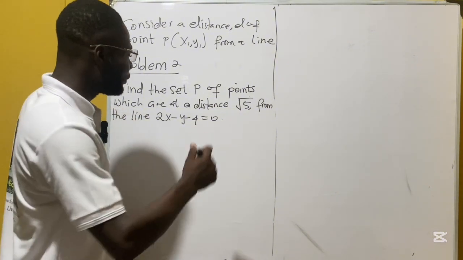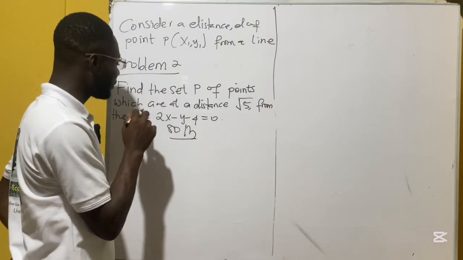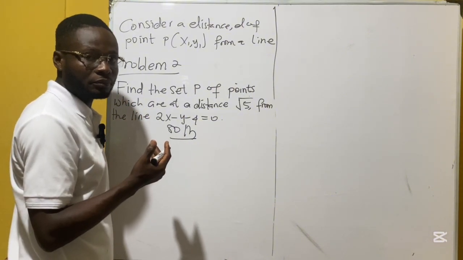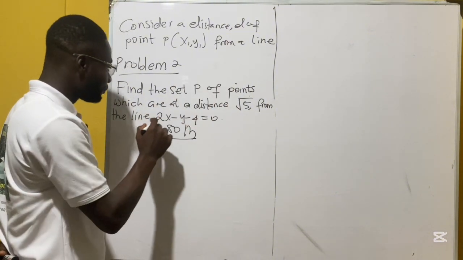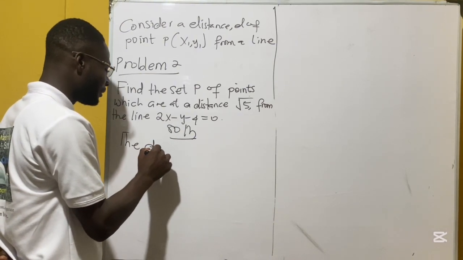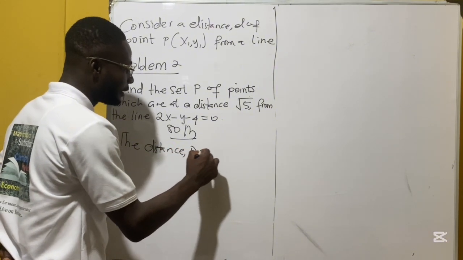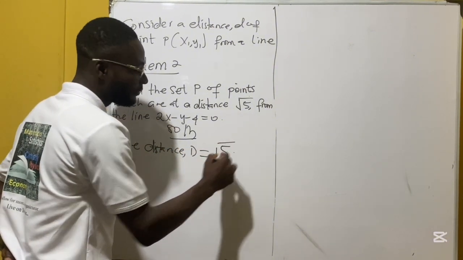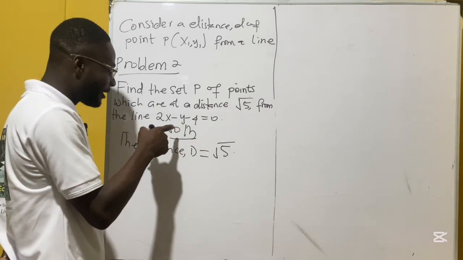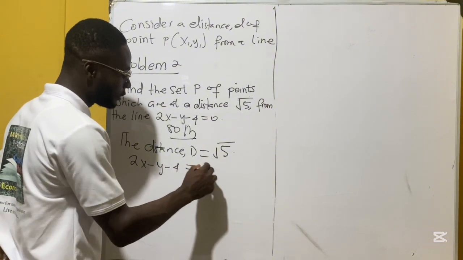Basically this question is asking us to find the set P of points. So how do we go about this problem? From here we have been given the distance d to be square root of 5, and the line 2x minus y minus 4 equals 0.